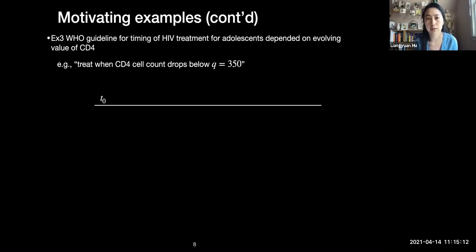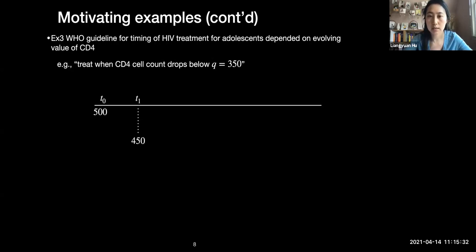So this guideline takes the form of treat when CD4 cell count drops below a threshold, say 350. Typical data is: this person came in, had an initial measurement of CD4 at 500.